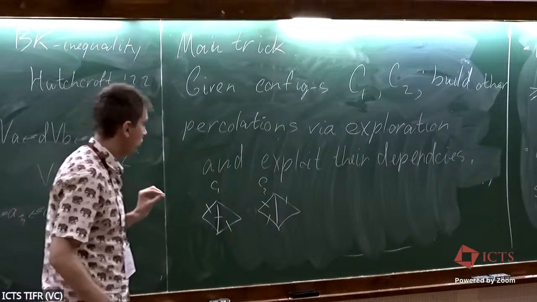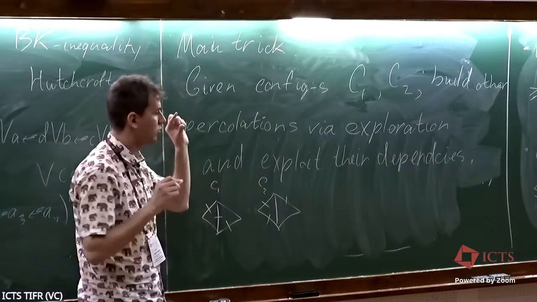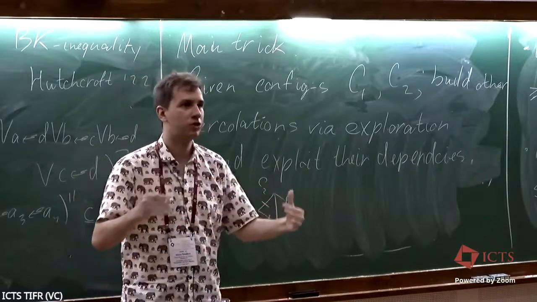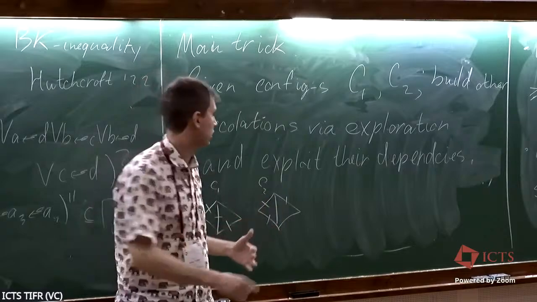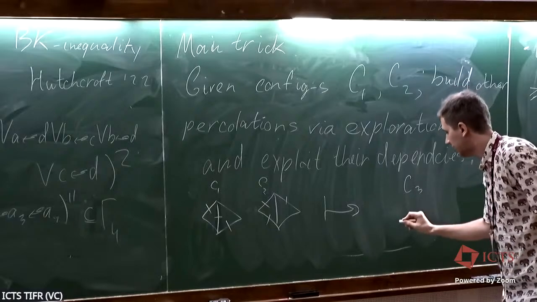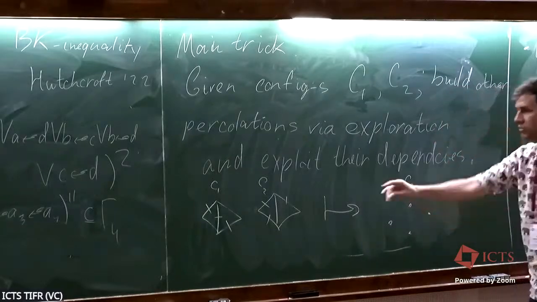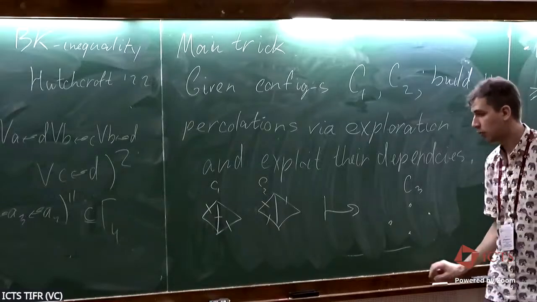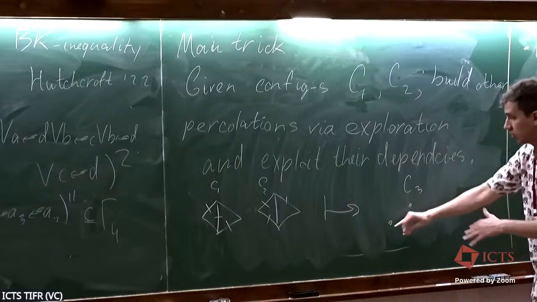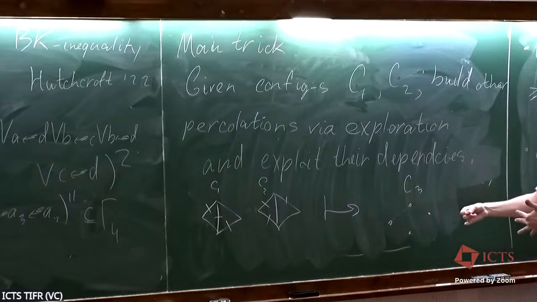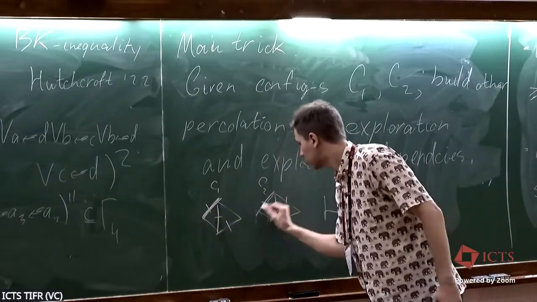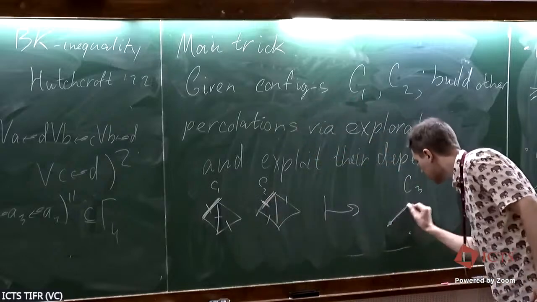You reveal each edge in both C1 and C2, and before you reveal, you pre-commit whether you will take it from C1 or from C2, as you build a third configuration, let's say C3. So on step one, you say, okay, I'm going to reveal this edge, and I pre-commit that I will take it from C1. You reveal this edge, and it's closed here, closed here, and so it will be closed in C3.